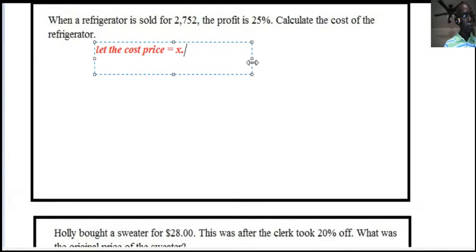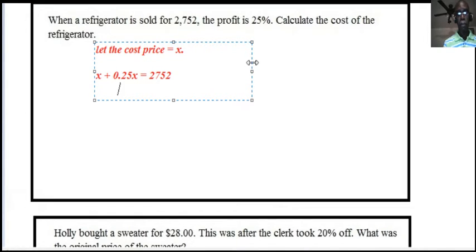X plus 0.25x equals 2,752. Adding the x terms, 1.25x equals 2,752.